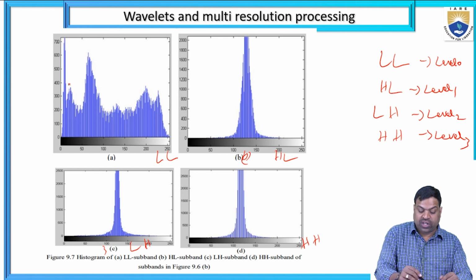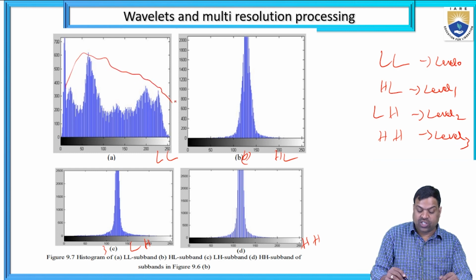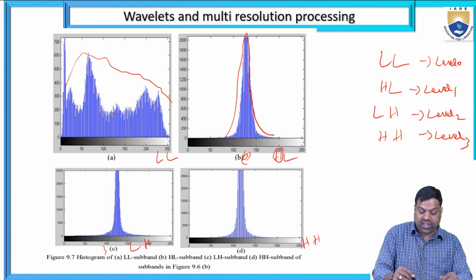For the different levels we can observe different histograms. When we go for the high subbands, all the waveforms are on one side only. Here low and high are both present, and that is the reason a complete waveform occurs, starting from 0 to ending at 250.